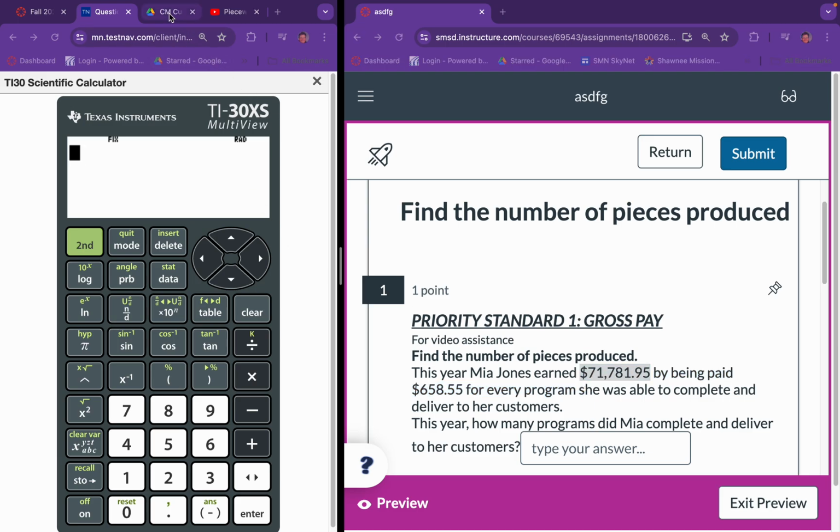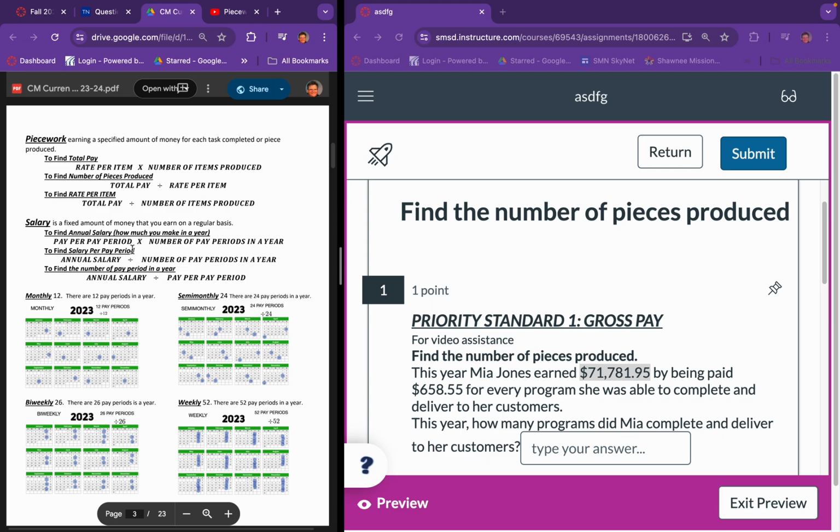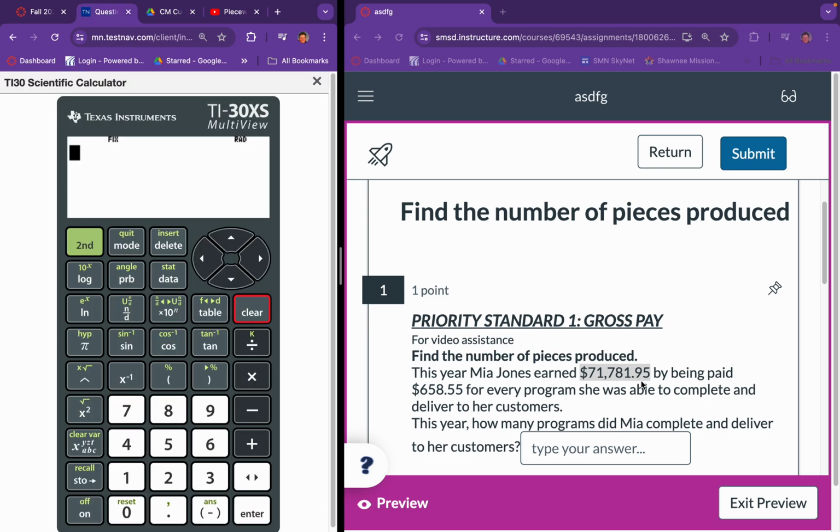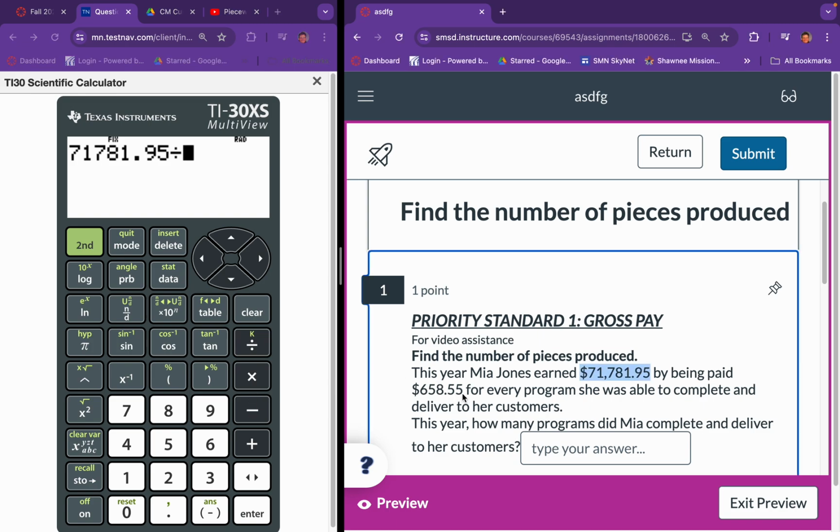So according to the notes, we're going to take the amount of money she earns in a full payment, a total pay of $71,781.95, and we're going to divide it by what she gets paid per one item. We're going to divide it by how much money she earns per item.